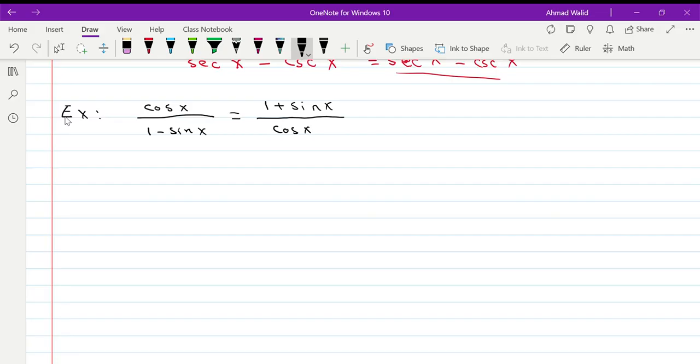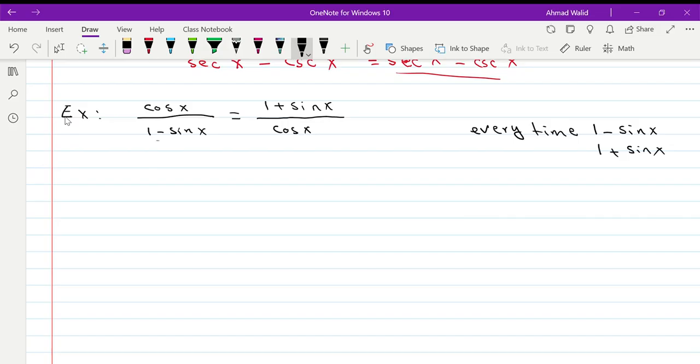Let me tell you something. Every time that you see 1 minus sine x or cosine x, or 1 plus sine x or cosine x, multiply your fraction with the conjugate of this.